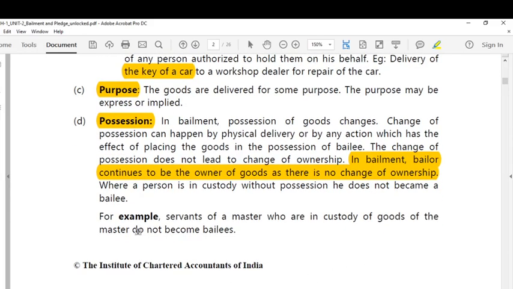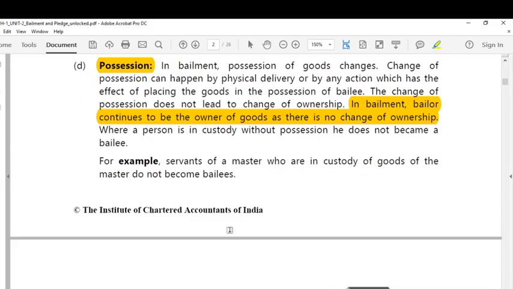Say, for example, a servant of a master who is in custody of goods of the master does not become a bailee, right? A servant of a master who is in the custody of goods is not given any possession, he is not given anything to own it. So that is why he cannot become the bailee.